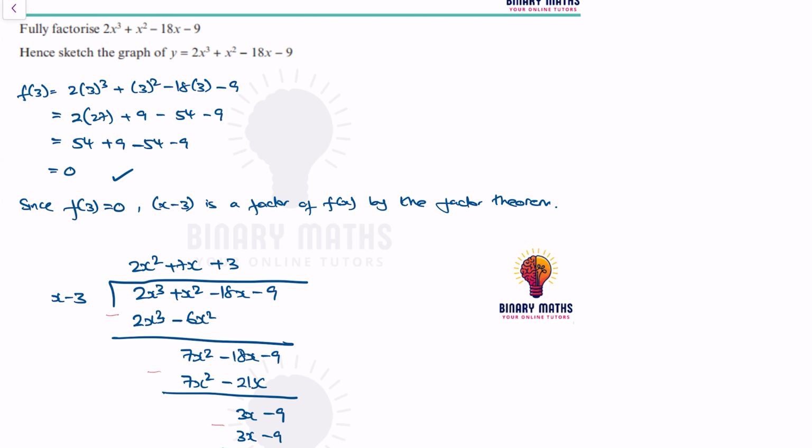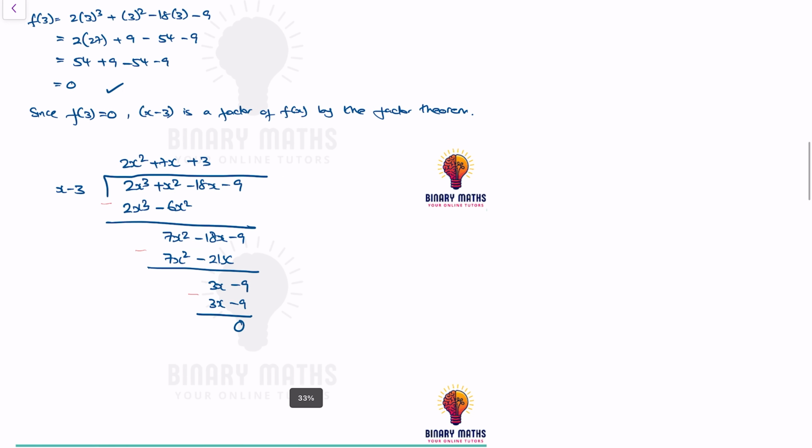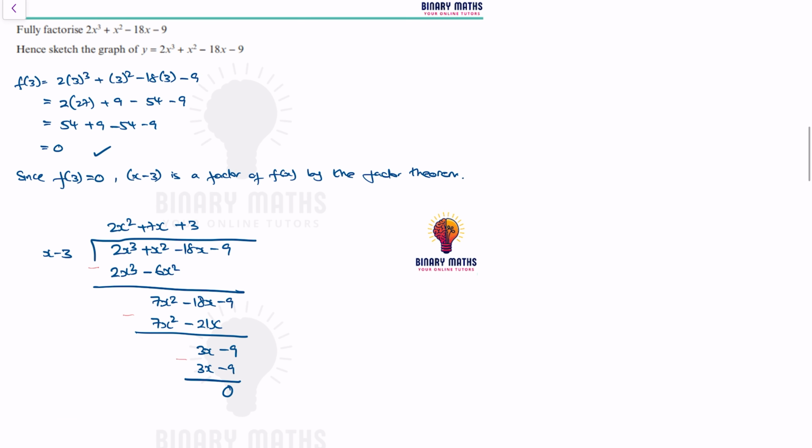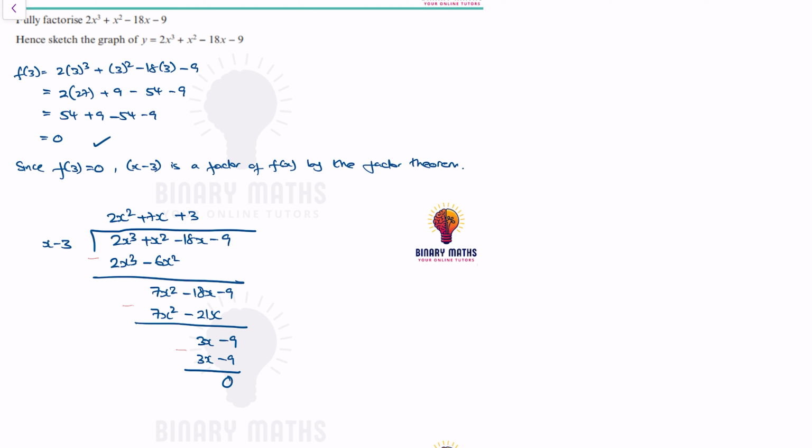So that means my initial cubic that I started off with is equal to x minus 3 times 2x squared plus 7x plus 3, which can be factorized into 2x in one bracket, x in the other, plus 3 in this one, plus 1 in this one.